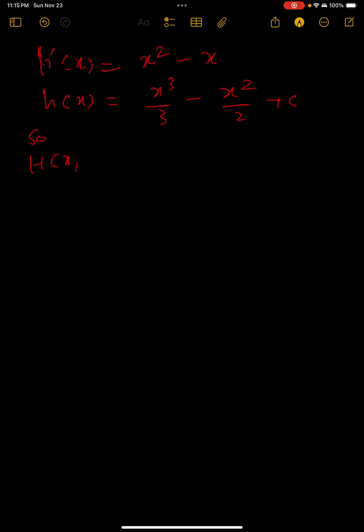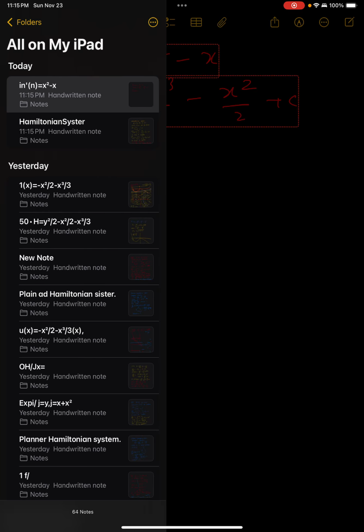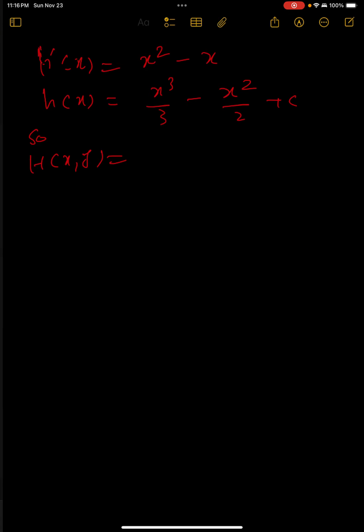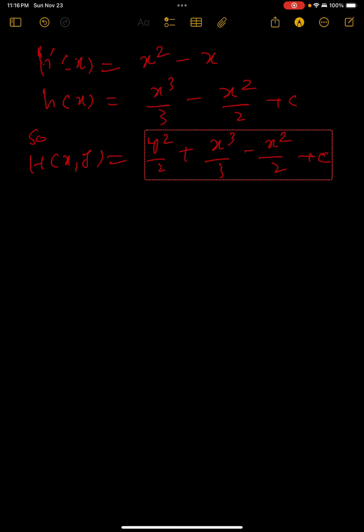So my h of x y is y square divided by 2 plus x cube divided by 3 minus x square divided by 2 plus c. We can ignore c because for different c we will have different h.